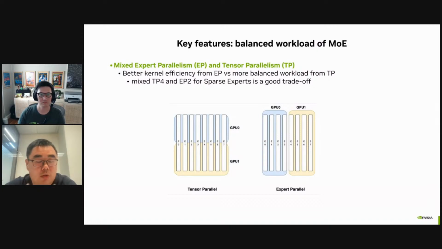In other words, it's a trade-off between EP and TP, and we have introduced the mixed ETP here. Based on our heuristic, we find that the mixed TP4 and EP2 for sparse experts is a good trade-off between kernel efficiency and balanced workload.